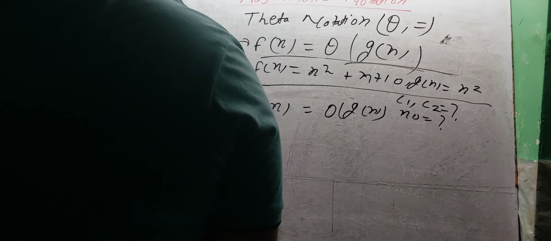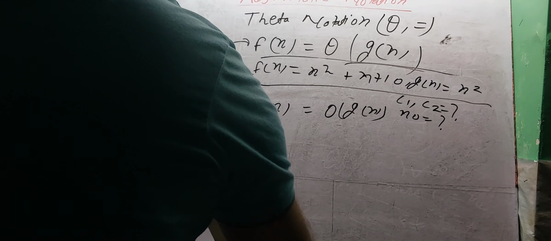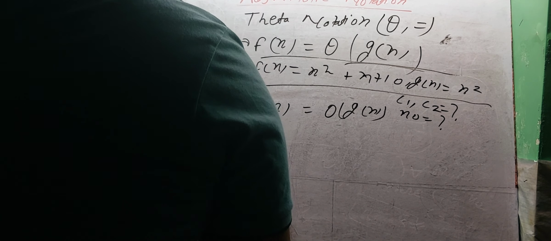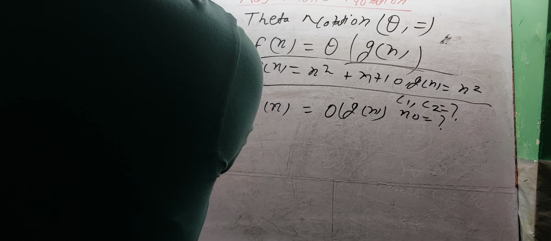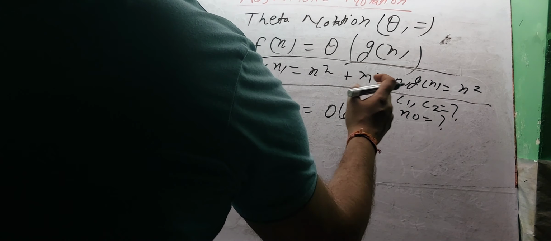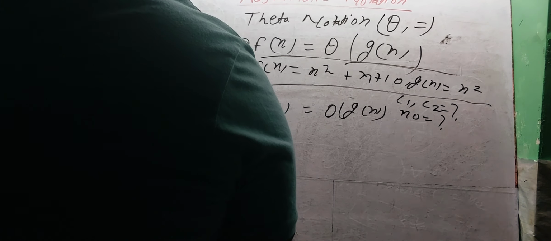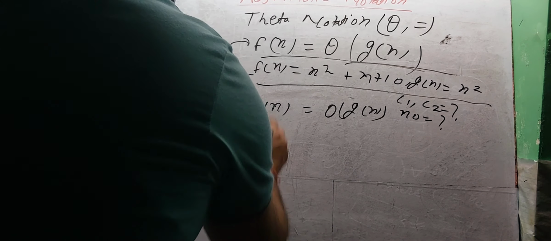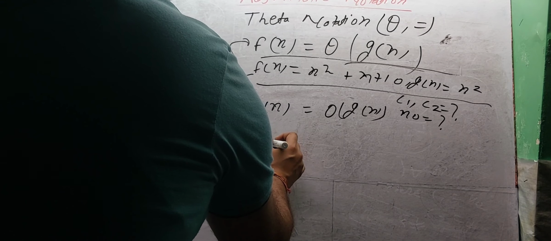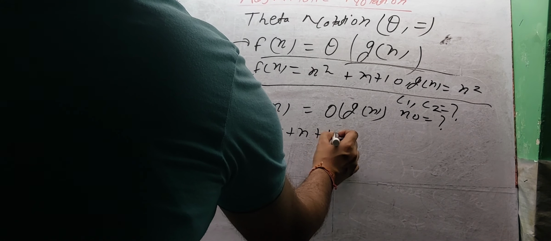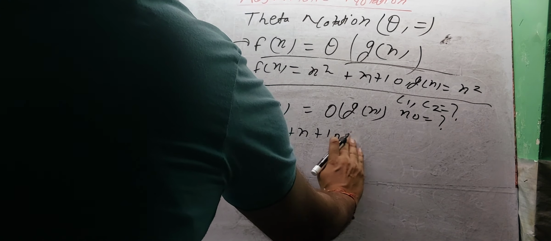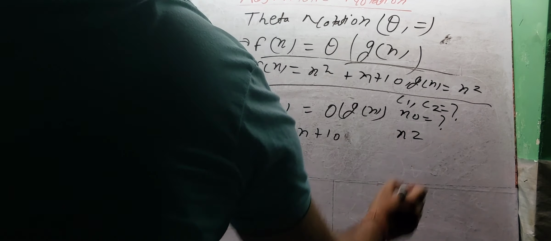Now first we will prove this, and if we want to prove f of n equals big O of g of n, then by using some constant value we need to prove that the right hand side is greater than the left hand side. The left hand side is n squared plus n plus 10, and here n squared.